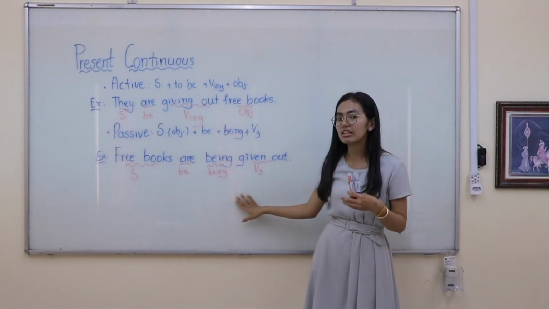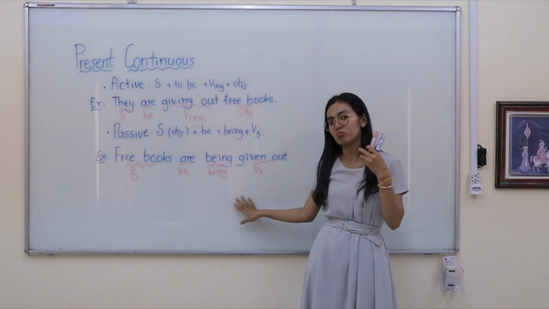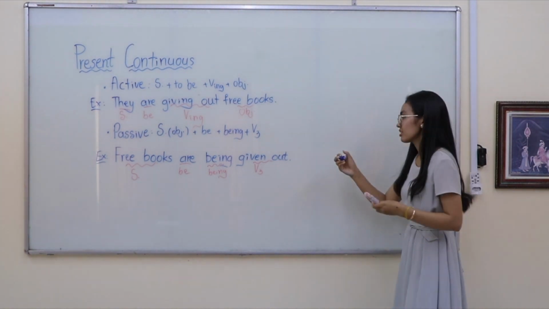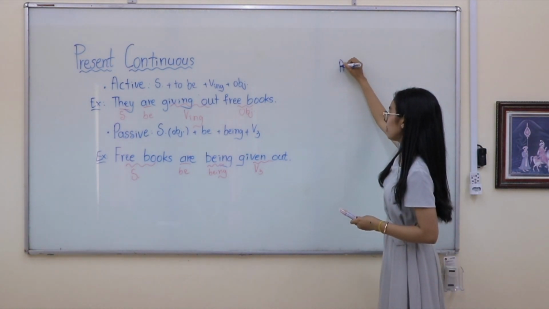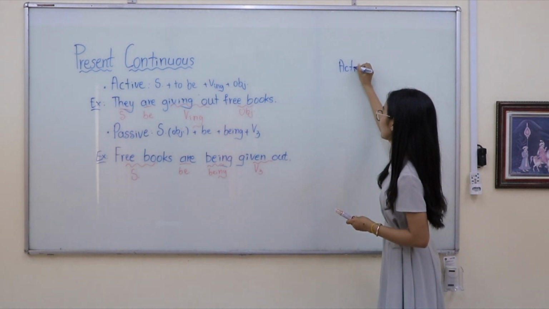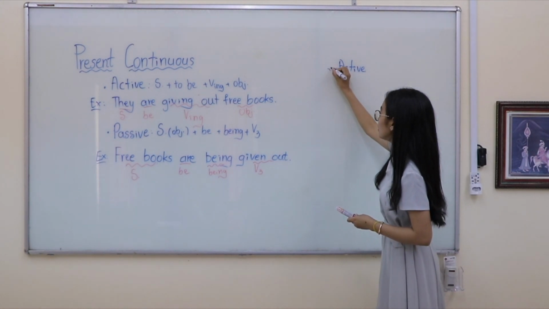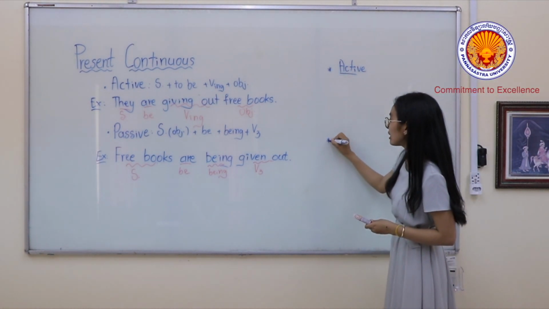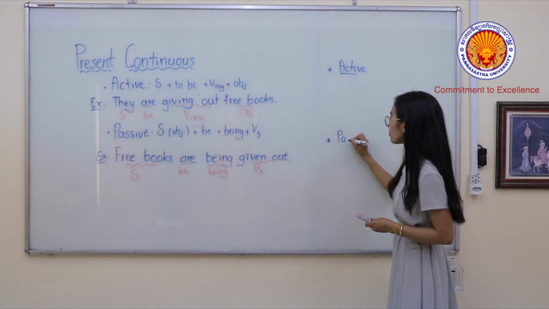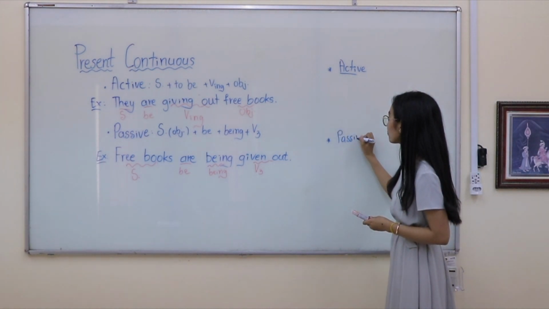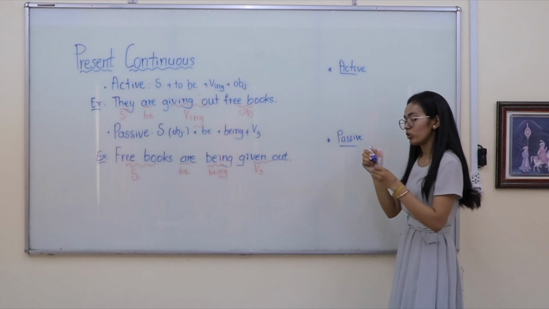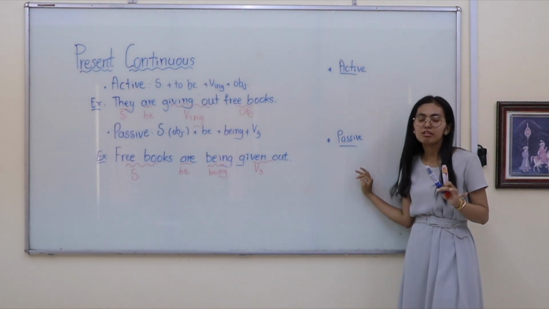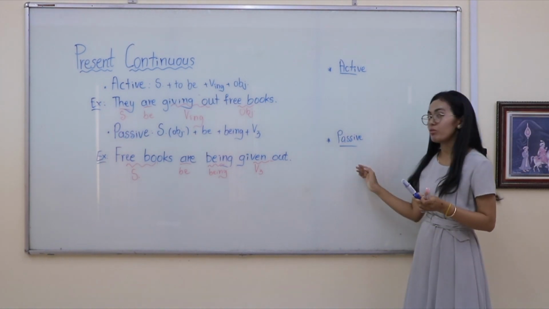If you try to have a flashback, you know a little bit of the difference between the two sentences. If we think about active, what do we have? And if we think about passive, what do we have as a difference? I'll give you a minute to think about it before we continue.